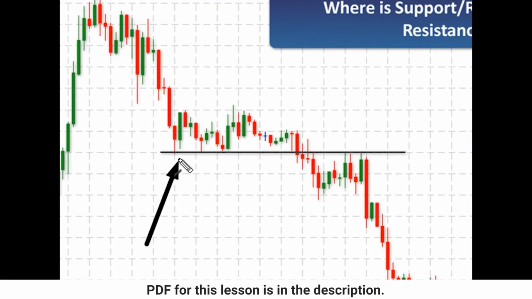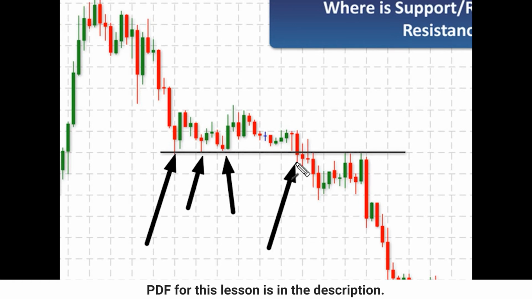So we have many touches to the line. The line is support because price is above the line. We then get a break of the line. And when price goes back up, it cannot penetrate up through the line, and so the line now acts as resistance.